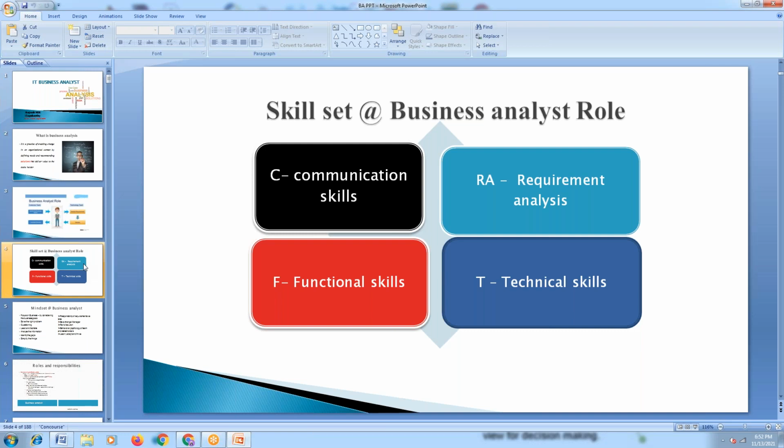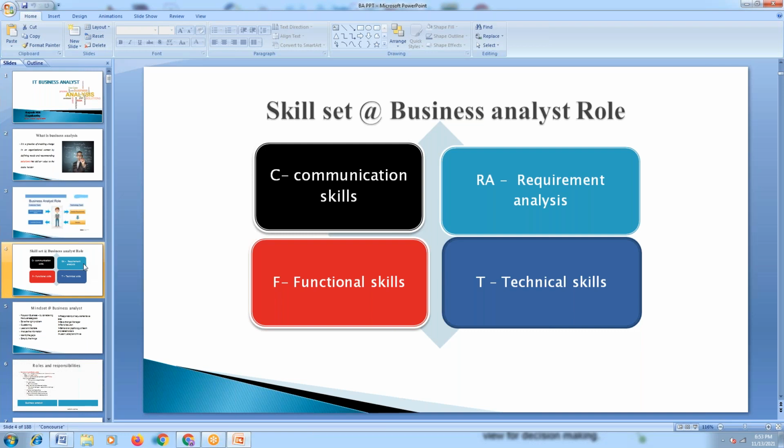Technical knowledge will be helpful if you have it. It is not mandatory, but in future, for sure, acquiring technical knowledge will become mandatory. May not be now, but in future it will happen.